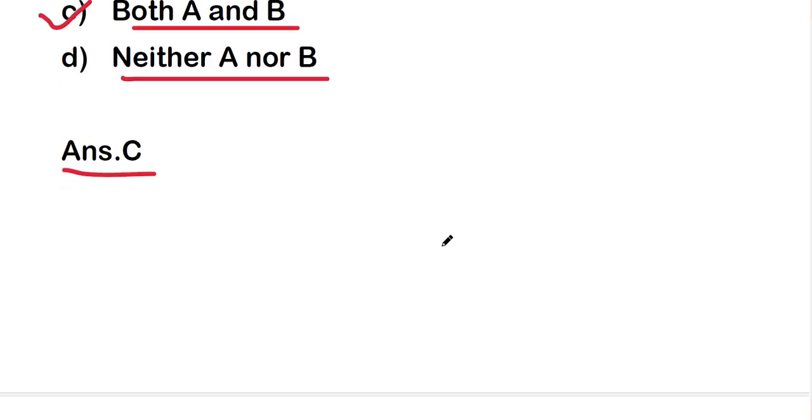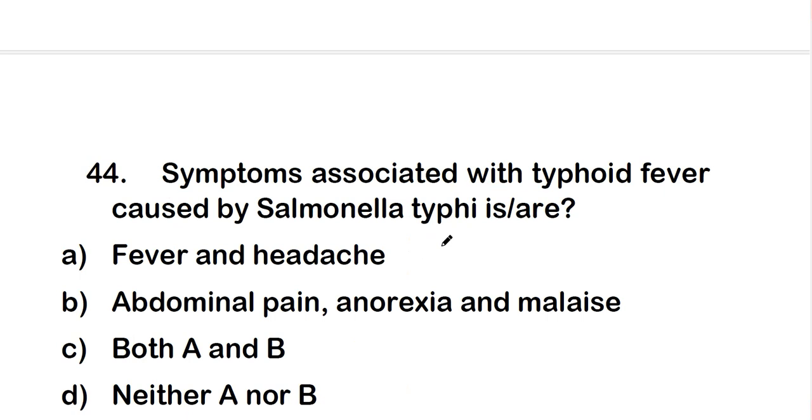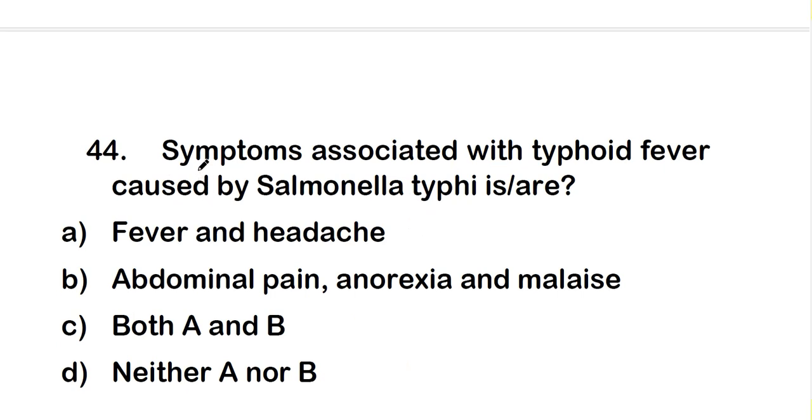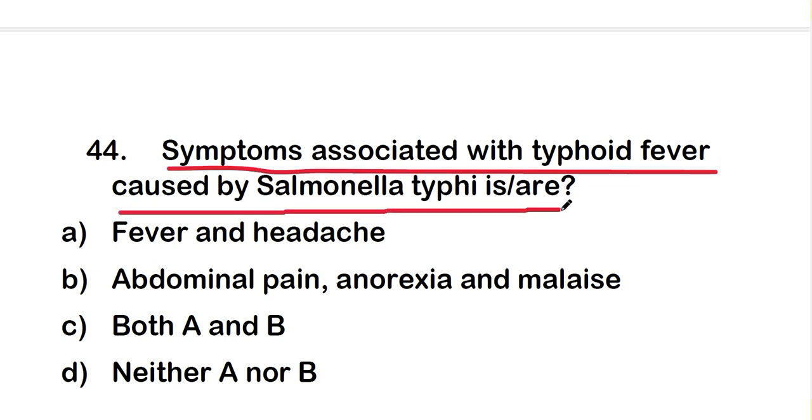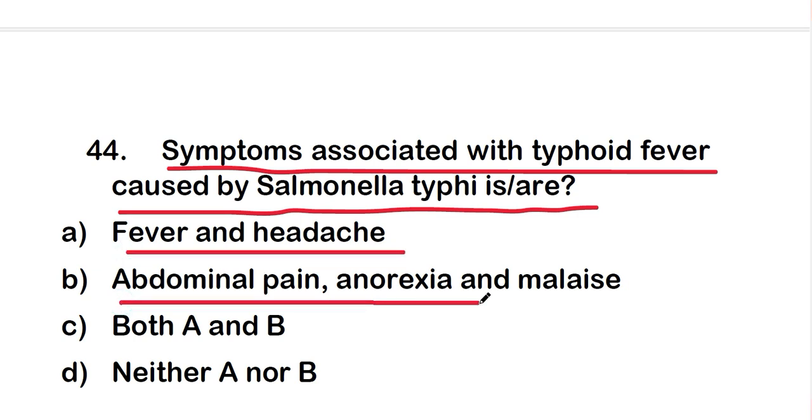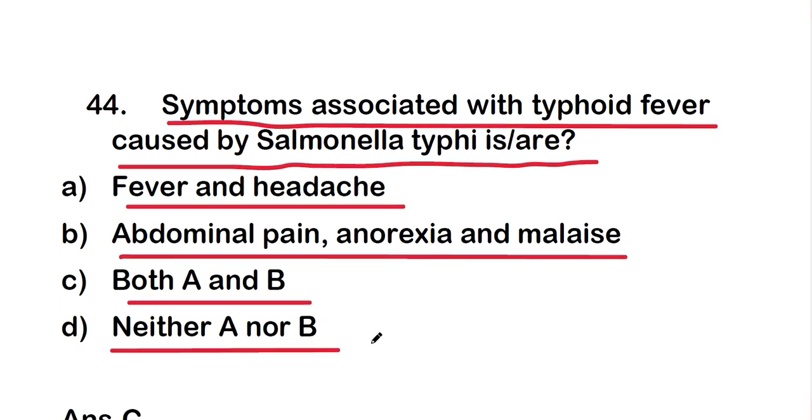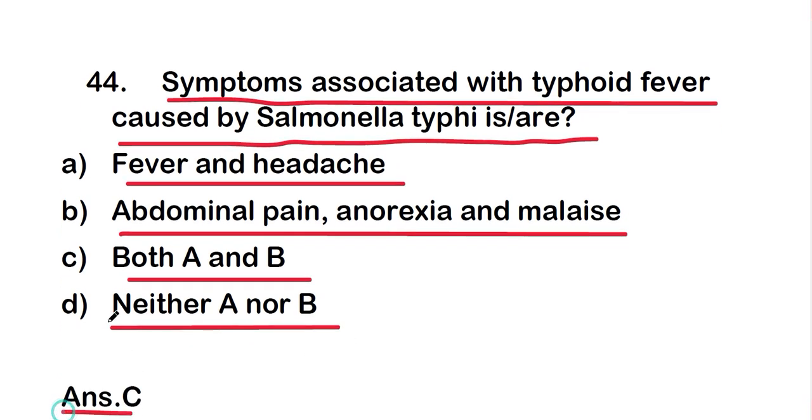Okay, so question number 44 is: symptoms associated with typhoid fever caused by Salmonella typhi is or are option A fever and headache, option B abdominal pain, anorexia and malaise, or option C both A and B, or option D neither A nor B, and the right one is option C, that is both A and B is the correct answer.